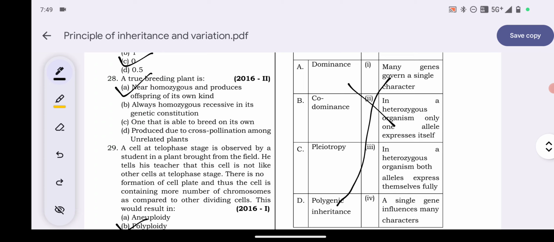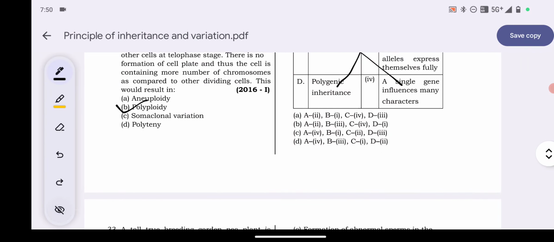Third, in a heterozygous organism, both alleles express themselves fully, that is codominance, and pleiotropy is a single gene influencing many characters, that is called pleiotropy. So according to this, the option numbers are 2, 3, 4 and 1.